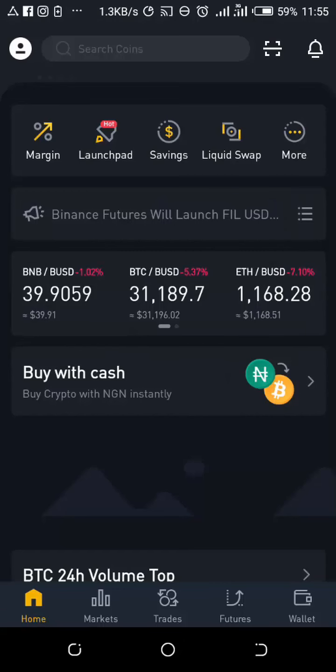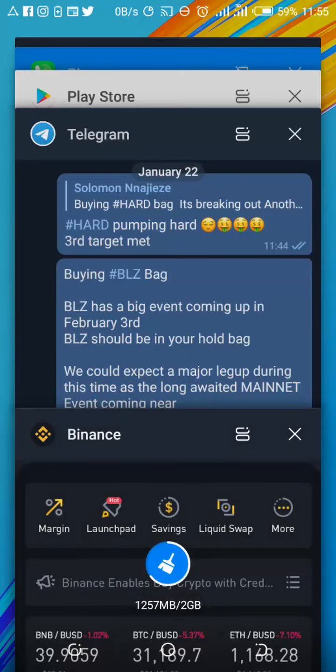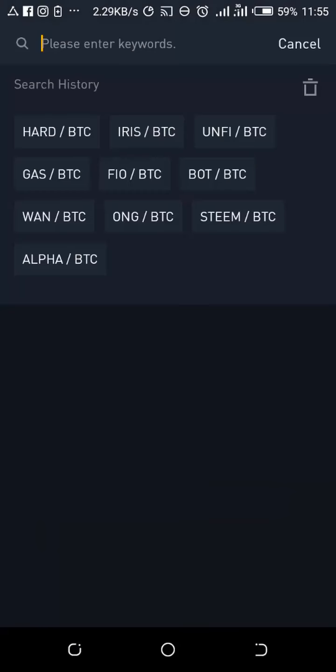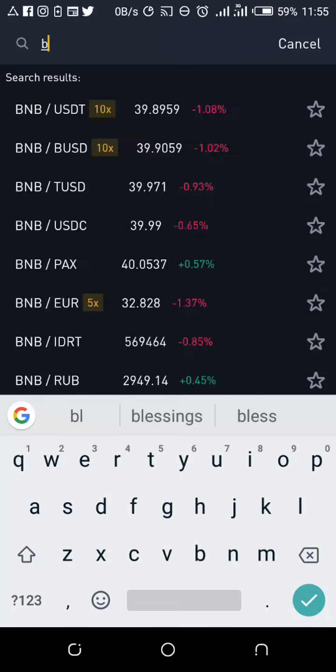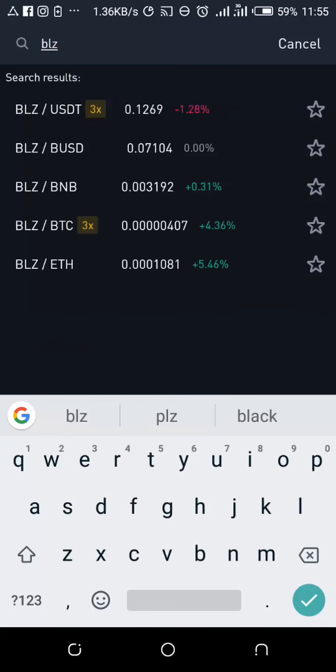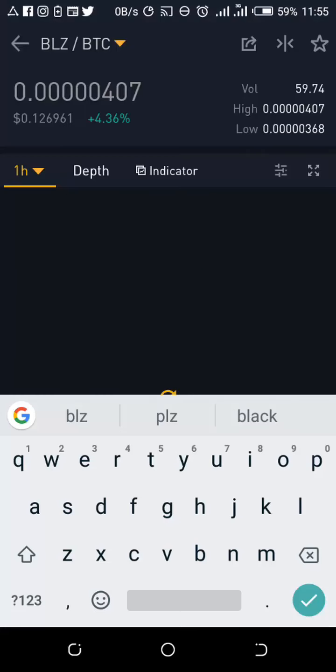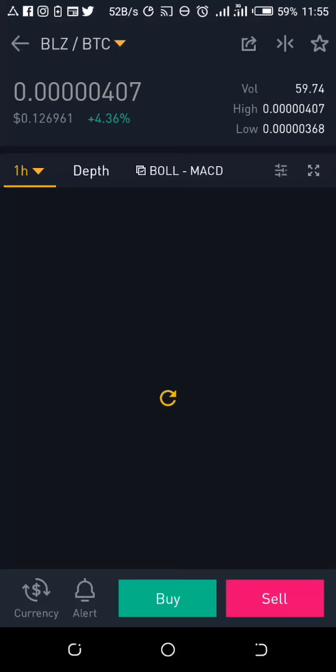So this is Binance, and we are trading BLZ in the pair of BTC. So if you look at this, the price is already 407 Satoshi.